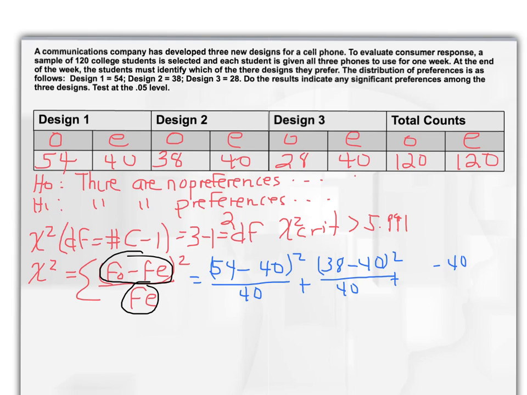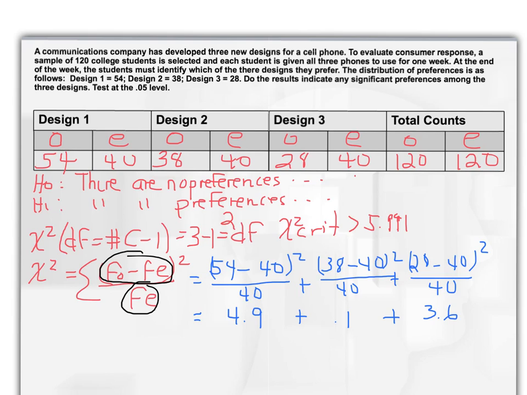Subtract it from 28, square that difference of 12, and divide by 40. If you do that for each cell, you'll get a 4.9 for cell 1, plus a quotient for cell 2 of 0.1, plus a value of 3.6 for cell 3.